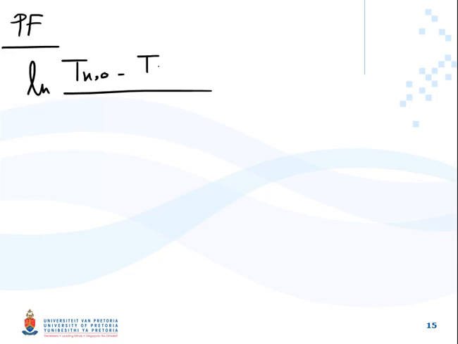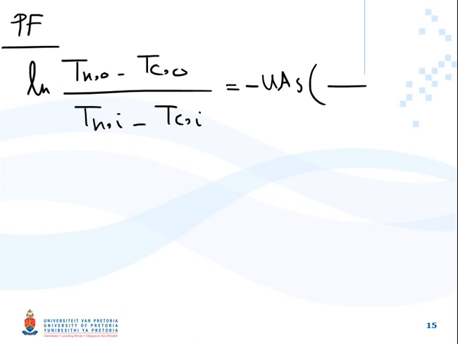So I'm just going to write it down. For parallel flow, we calculated from LMTD: T_ho minus T_co over T_hi minus T_ci is equal to minus UA_s times (1/(m dot h C_ph) plus 1/(m dot c C_pc)).